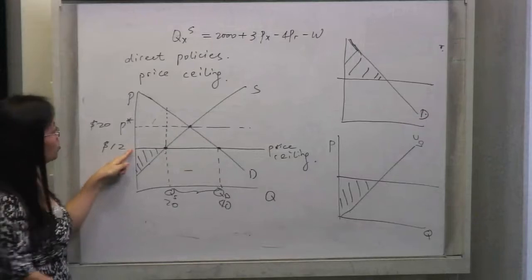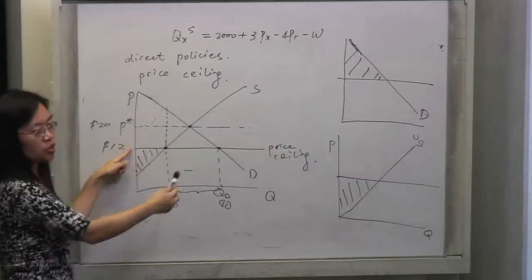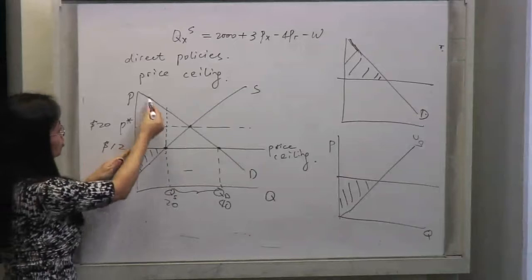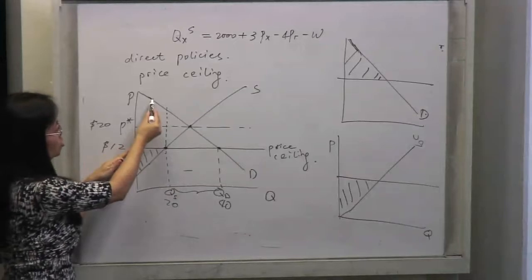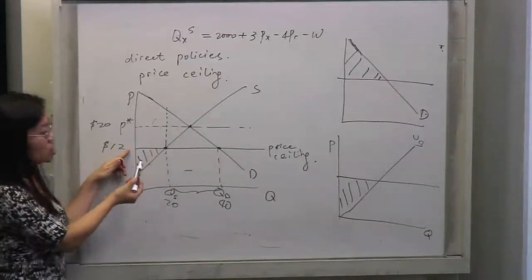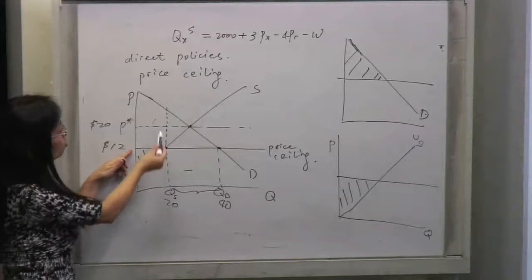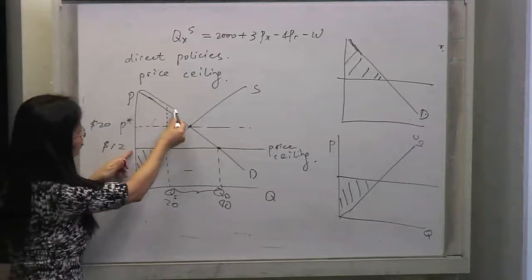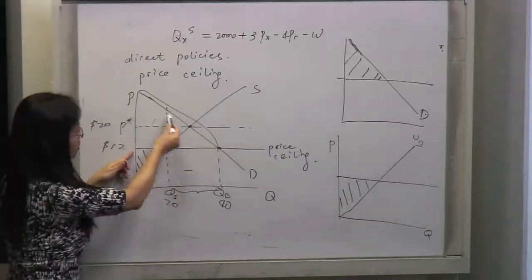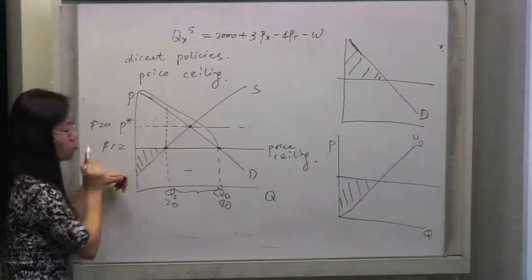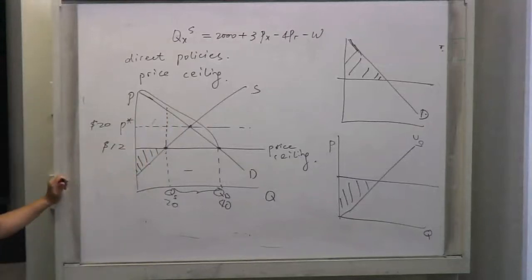And remember when we talk about demand, each point represents each individual's valuation, right? So all the individuals from here to here are able to afford this $12. That's correct. But it's only 20 units.